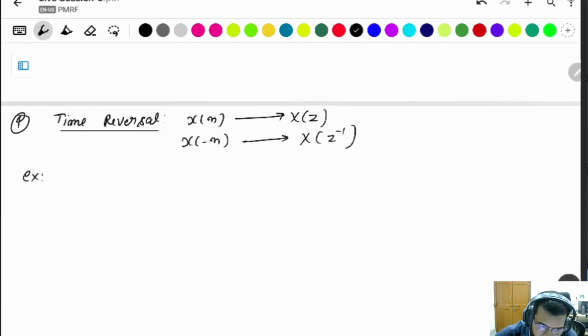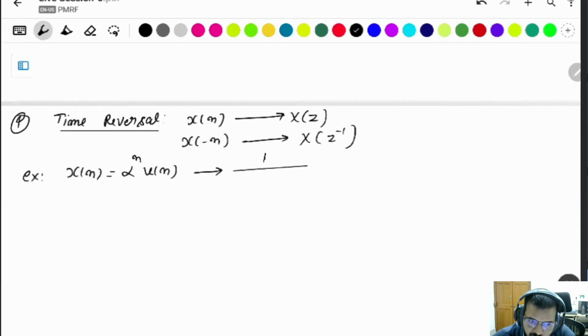For example, if x[n] is equal to alpha power n u[n], then the z transform of this one will be 1 divided by 1 minus alpha z inverse. Suppose the function is x of minus of n, it means alpha power of minus of n u of minus of n.